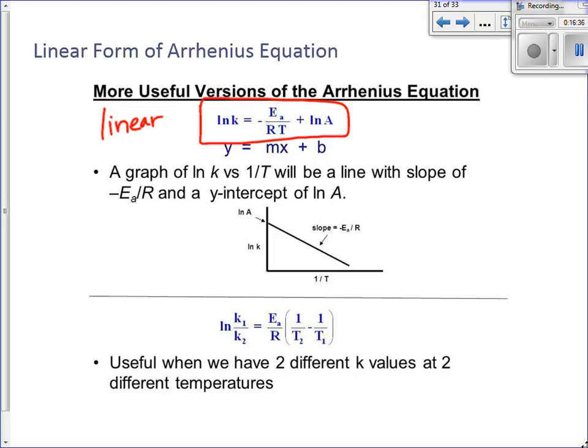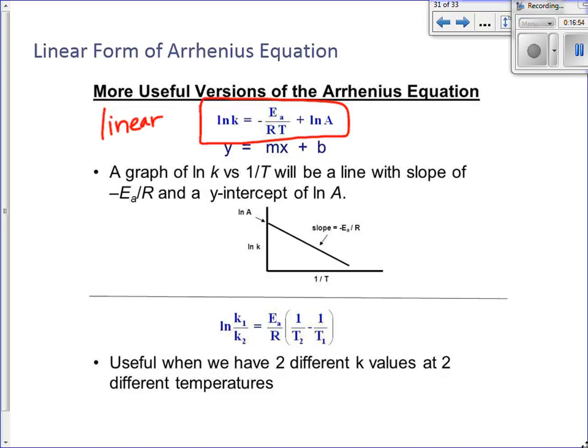And the slope is really cool because the slope gives you the negative activation energy divided by the R constant. Therefore, if you graph it, you can figure out the activation energy, actually give it a numerical amount.